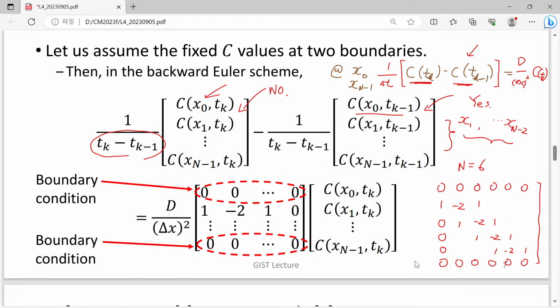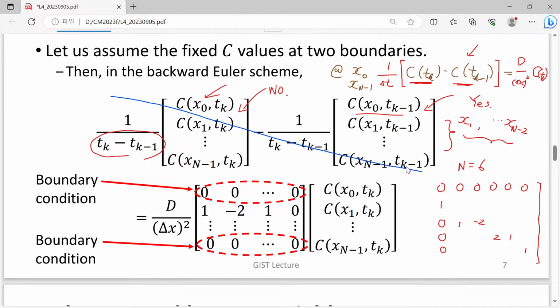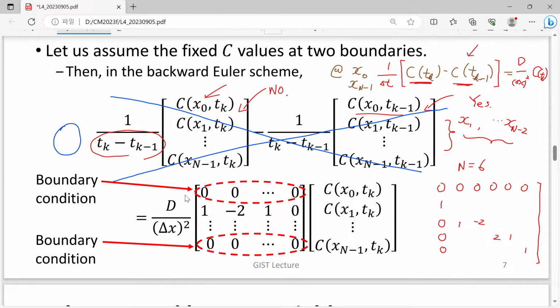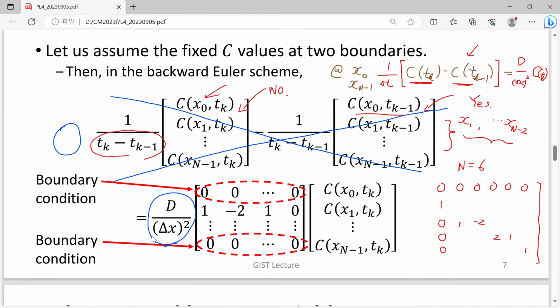However, when we consider just a steady state solution, we have no terms related to the time derivative. So this one becomes simply 0, and that's the reason why we were able to kick out this quantity.